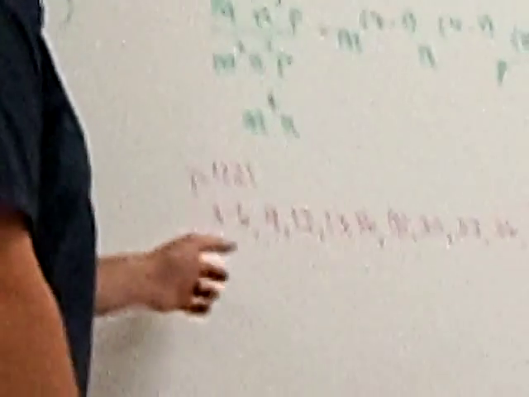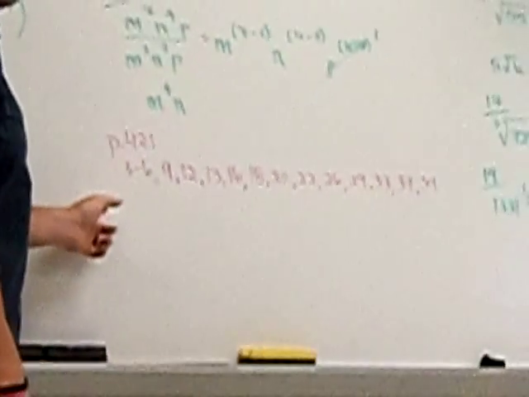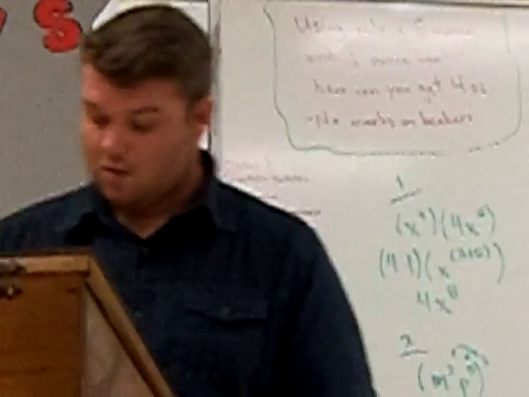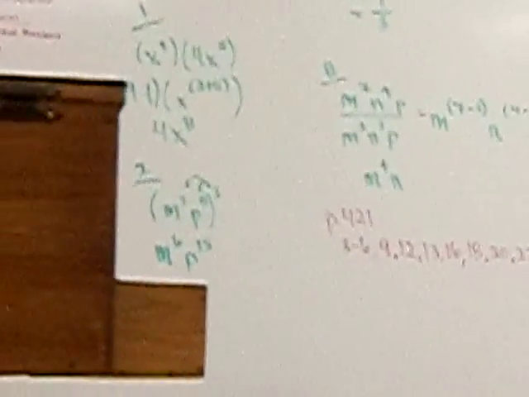Alright, here is the review. Now look, you're going to turn this review in for a homework grade. This review is a 100-point homework grade. Alright? On page 421. Open up to 421 so you know what to do.